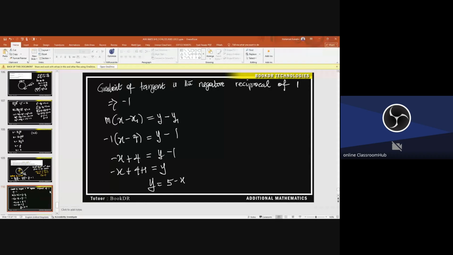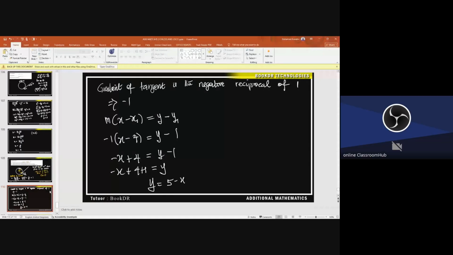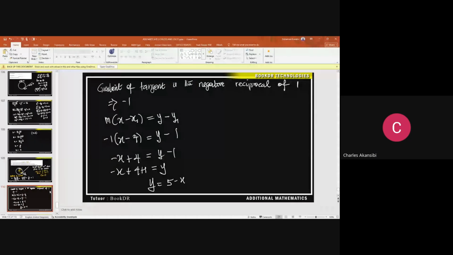Because the x is rather negative here, and the 5 is rather positive. Okay, sir.